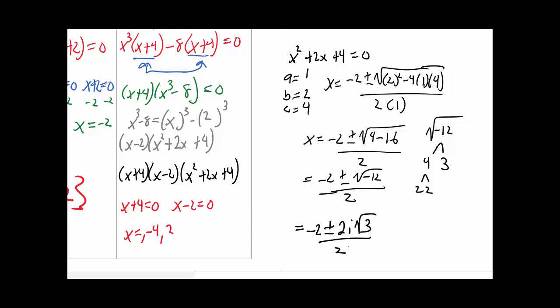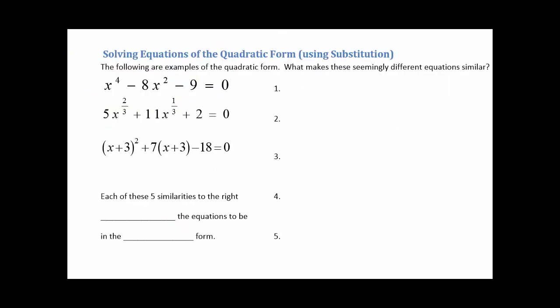And in looking at all of those numbers, I can divide 2 out of everything. So that's negative 1 plus or minus i times the square root of 3. So that actually comes back and ends up as part of our solution set. And those would be all of our solutions, both real and imaginary.